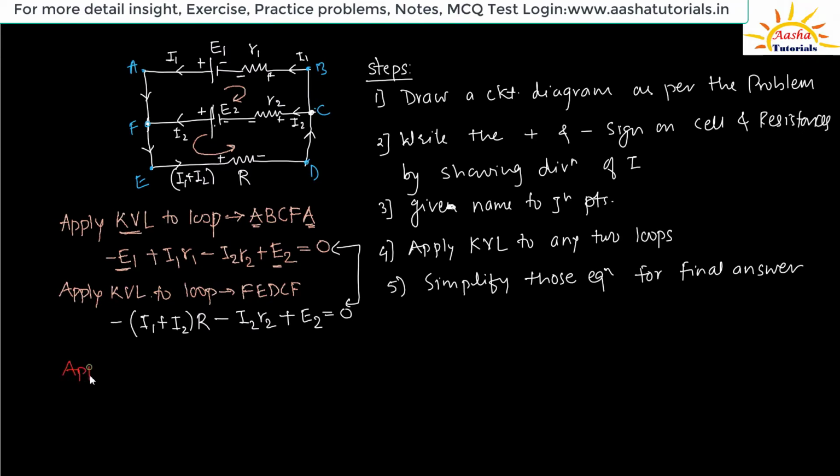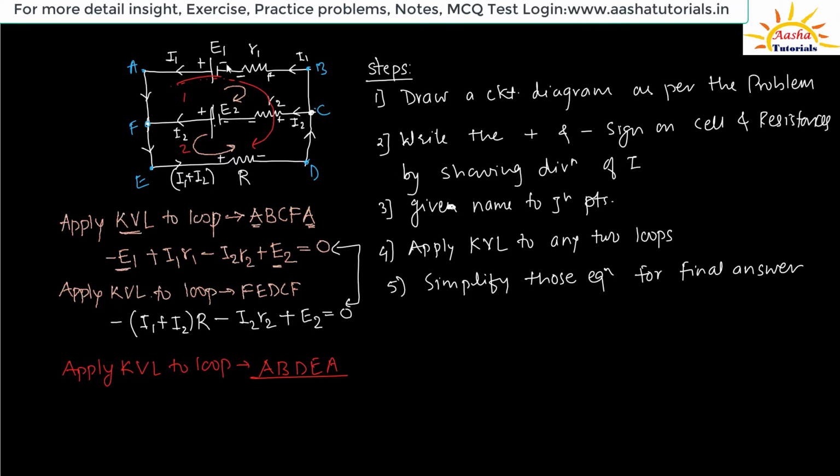Then let me apply Kirchhoff's voltage law to one more loop. Which loop can we take here? Two loops are over. This is the first loop, this is the second loop, and the third loop is this complete loop. Suppose I take this loop as A, B, D, E, A. As I go from A to B, in my path what comes first?